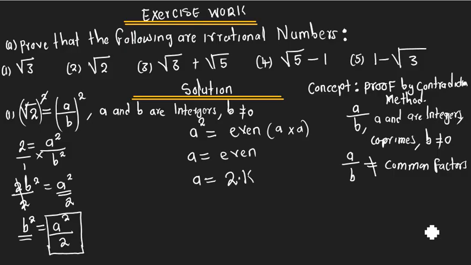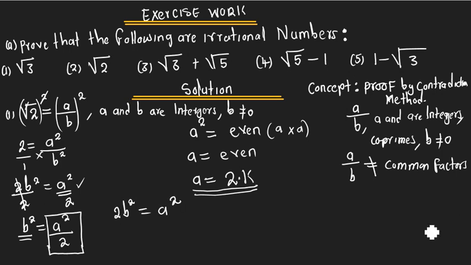If this is the case, please just follow the steps. We are going to get a is equal to 2k and put it where there is a. So in this case, we are going to get this particular equation: 2b power 2 is equal to a power 2.